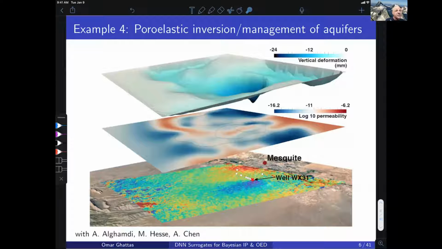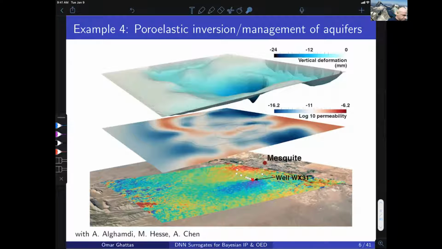So that's a danger if you overproduce it. And so we have an inverse problem to solve, which tells us something about the subsurface properties of an aquifer. Then optimal experimental design is where we put new wells to observe and/or control by injecting fluid. Ultimately, we'd like to solve an optimal control problem under uncertainty. So we need surrogate models for all of those.